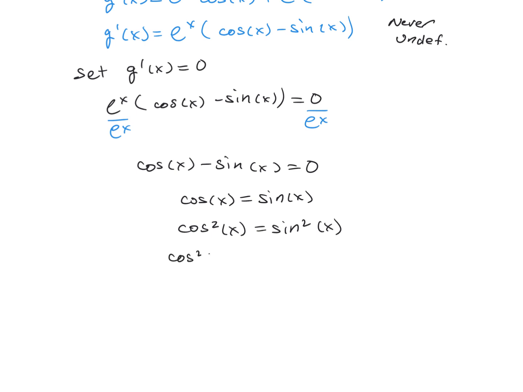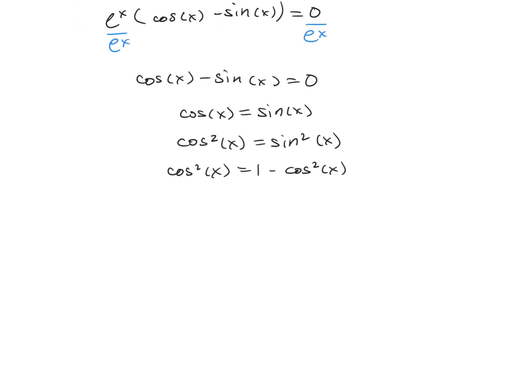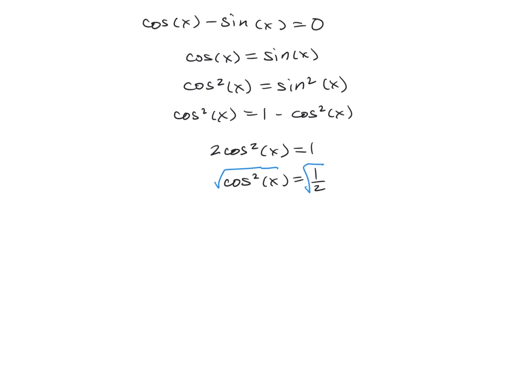So that's cosine squared of x is equal to 1 minus cosine squared of x, or 2 cosine squared of x is equal to 1. Cosine squared of x is 1/2. Upon taking square root of both sides using the square root property, we arrive at the cosine of x is equal to plus or minus 1 over the square root of 2.